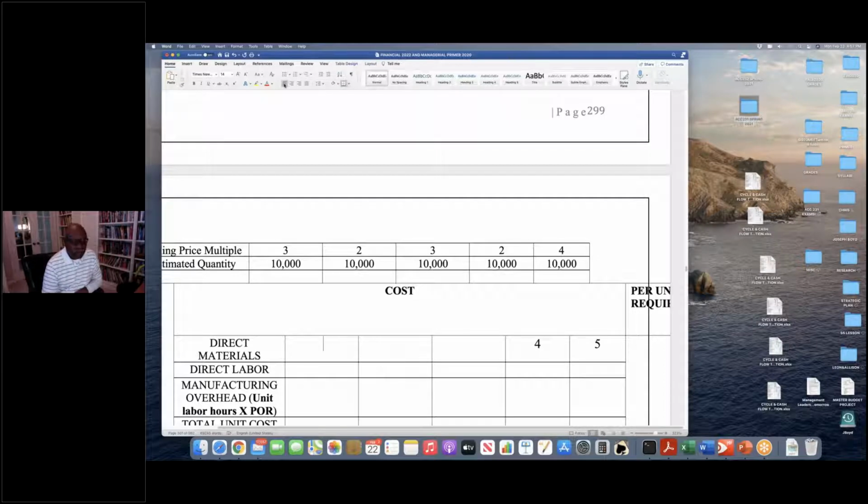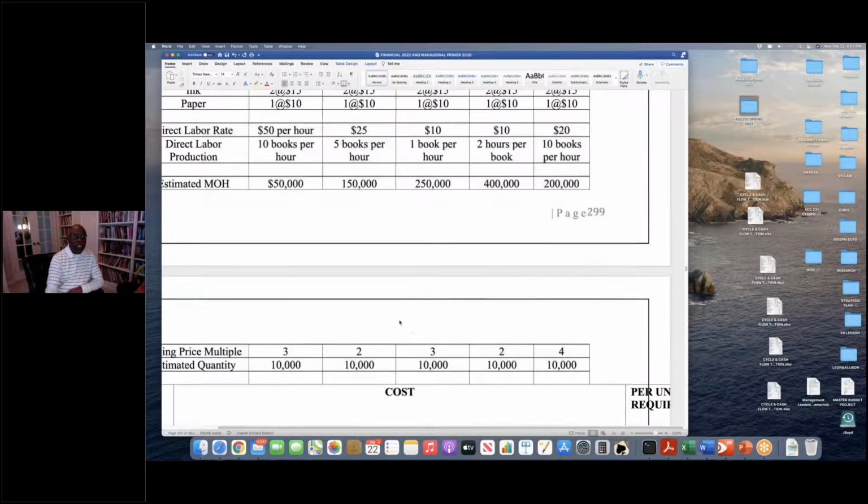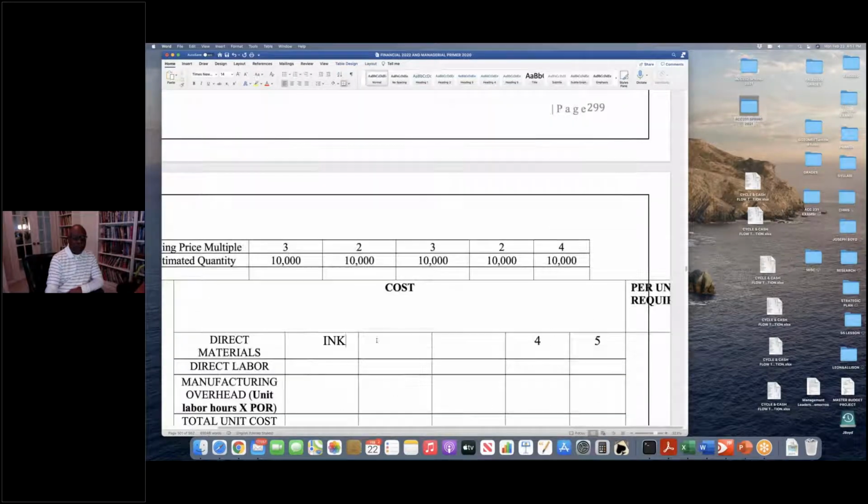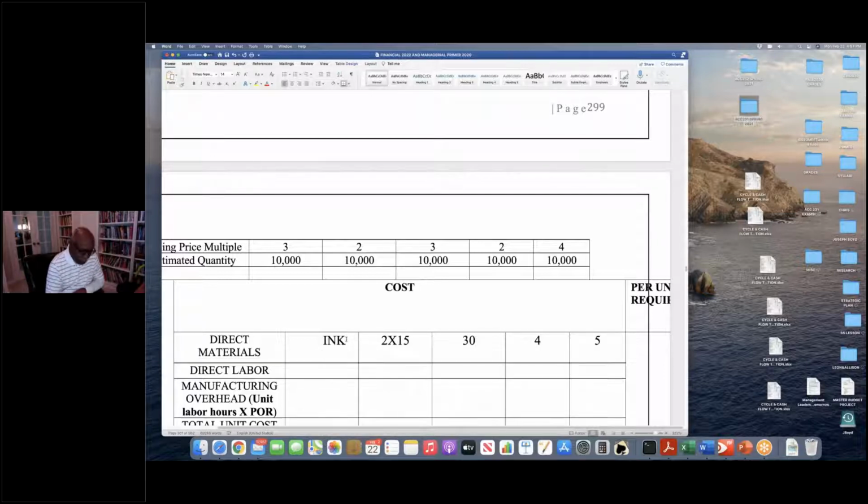The ink will be 30. What's this? The ink is 2 times 15? Yes. So that's 30. Now we need the paper.